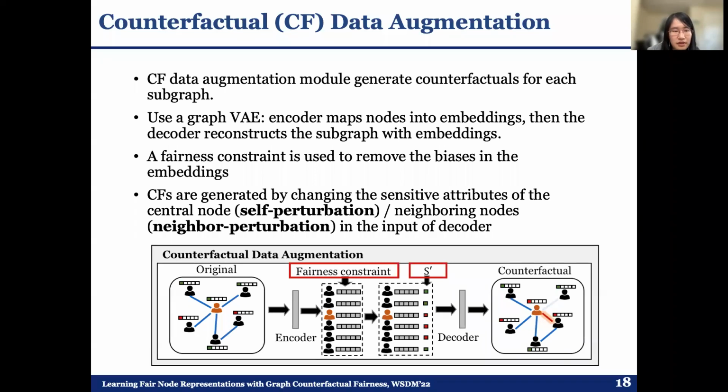After these perturbations, we feed this perturbed version into the decoder and generate the corresponding perturbed subgraphs. This is the whole process of counterfactual data augmentation. We train it first as a separate model, generate counterfactuals, and use the generated counterfactuals in the next step.